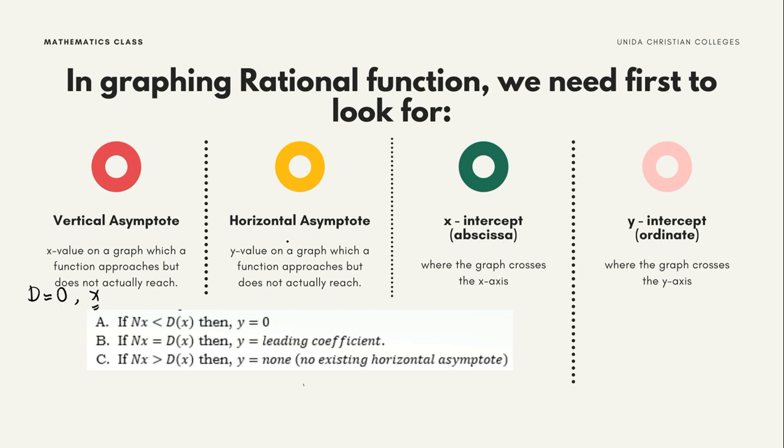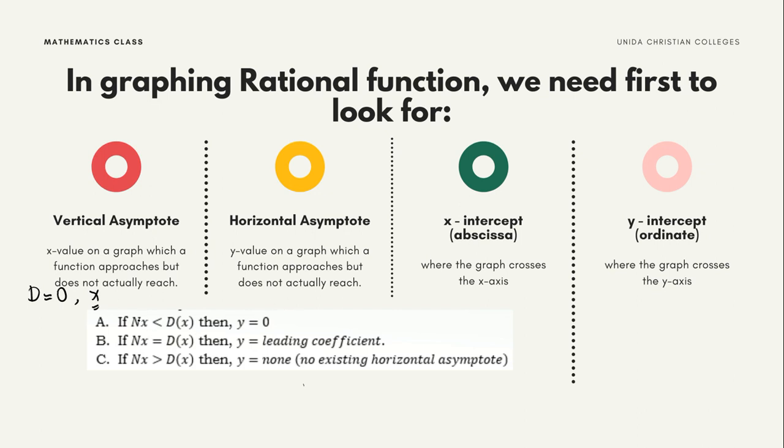Okay, next, for horizontal asymptote, we have the y value in a graph which a function approaches but does not actually reach. So, dito po sa ating horizontal asymptote, meron po tayong tatlong rule na susundan. Okay, ito po. You have A, B, and C. So for letter A, if n of x is less than d of x, then y is equal to 0.